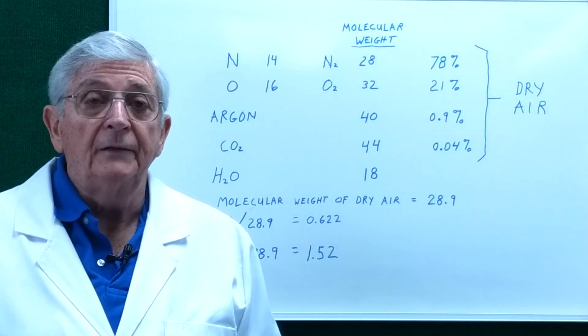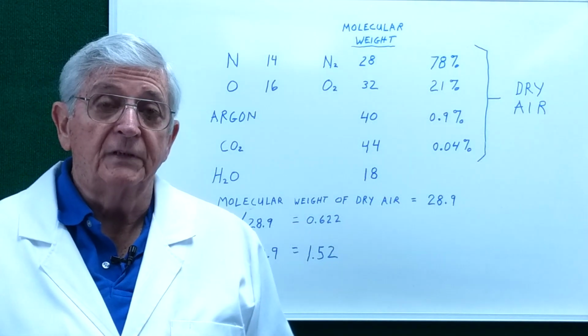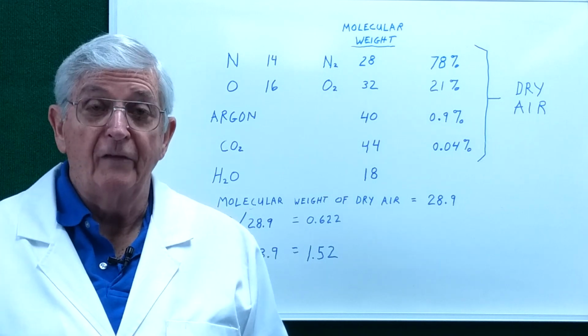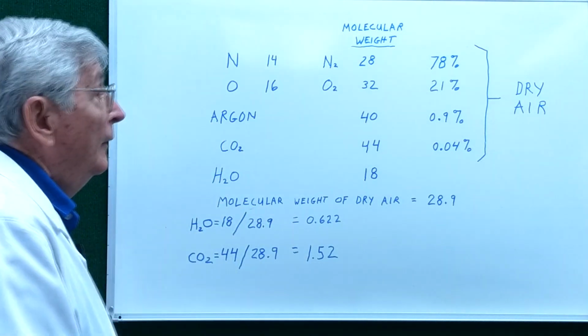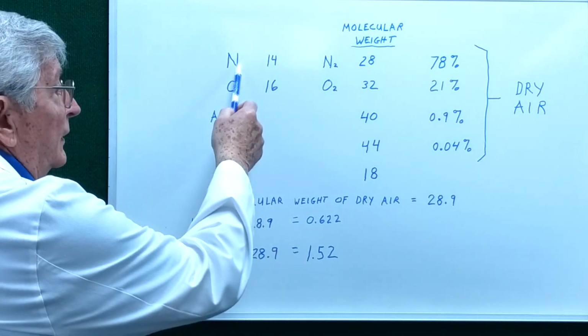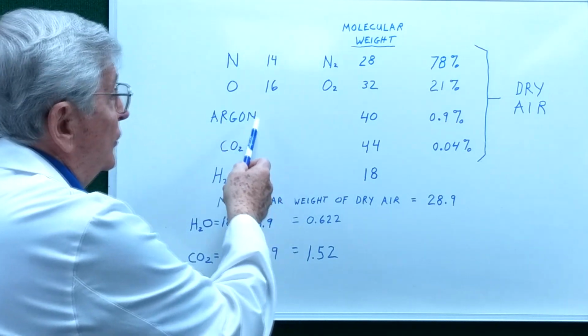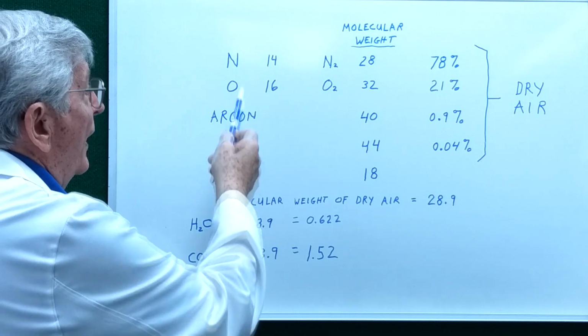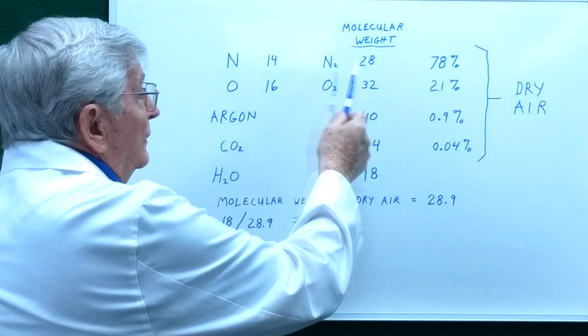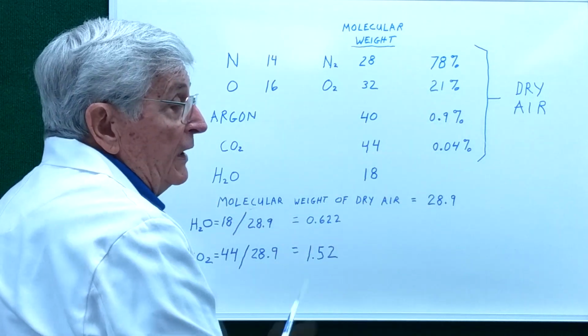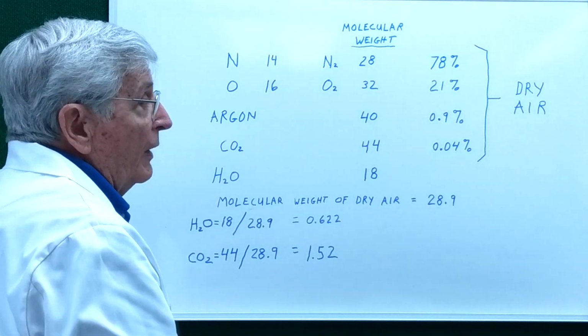Next, I'd like to show you an interesting fact about water vapor that you might not be aware of. These are the normal constituents of dry air. Nitrogen is roughly 78% of our atmosphere.